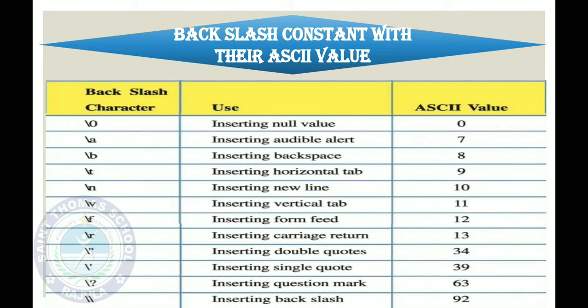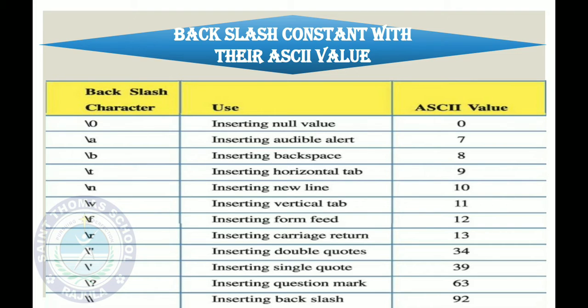The first backslash character is \0, to insert the null value that we have seen. The \0 is known as the null character, and that is added after every string constant. Then \a is used to insert an audible alert, and its ASCII value is 7.